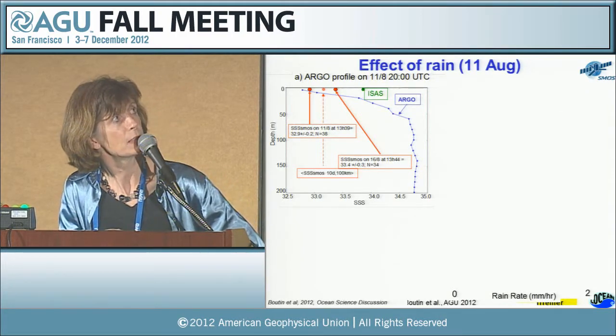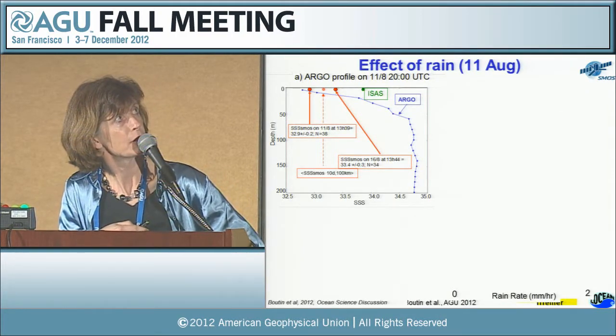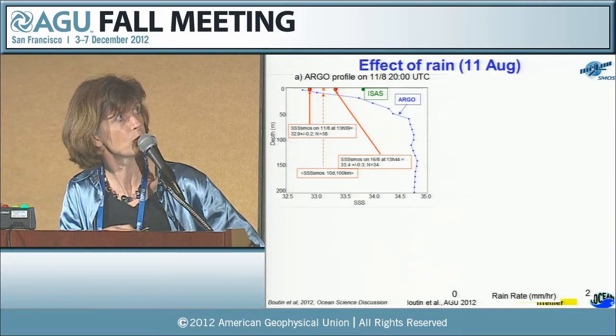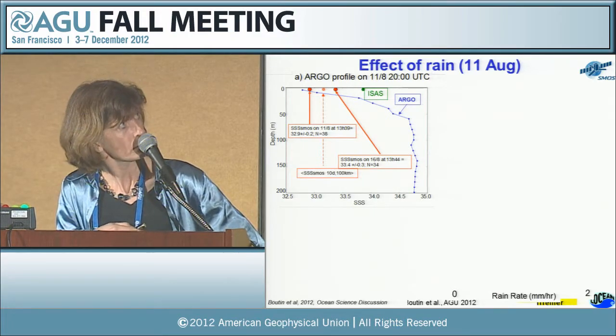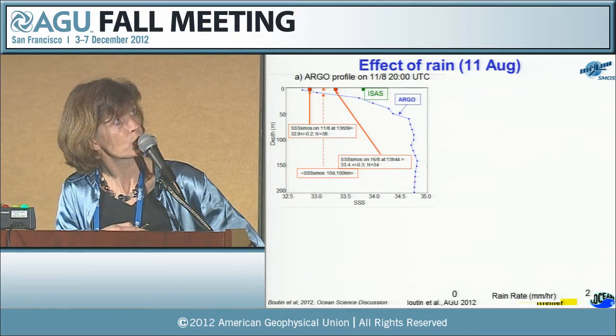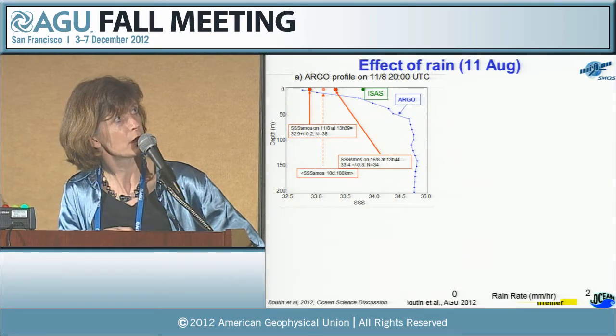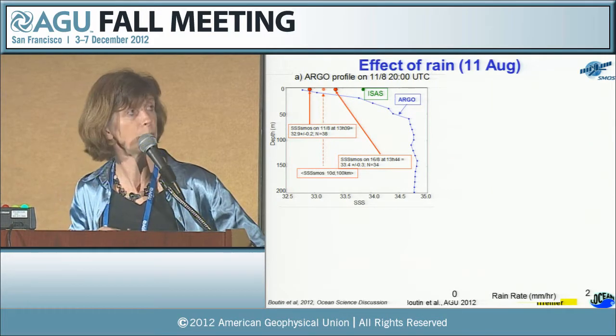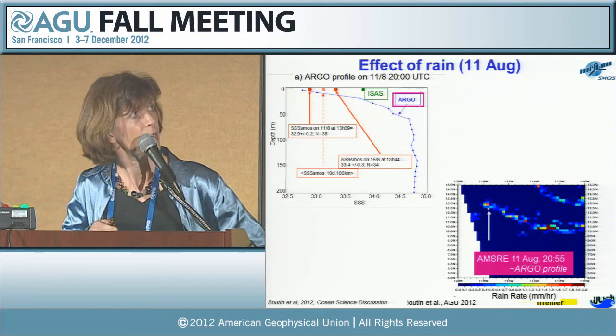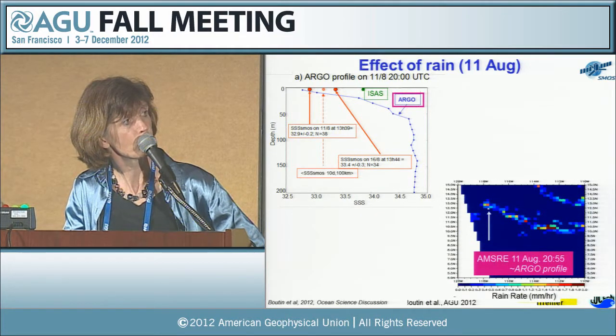This is the salinity profile between 5 meters and 200 meter depth. In blue, this is the Argo salinity. And you can see a strong gradient right at the surface because this salinity profile was taken at a time when the float was close to large rain cells.